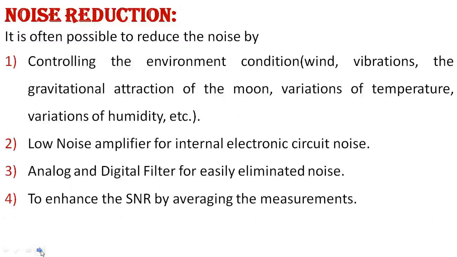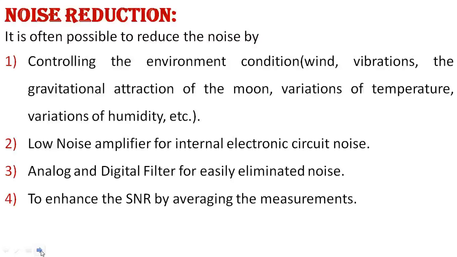So we have to use various noise reduction techniques. It is often possible to reduce the noise by, first, controlling the environment conditions like wind, vibration, the gravitational attraction of the moon, variation of temperature, variation of humidity and so on.